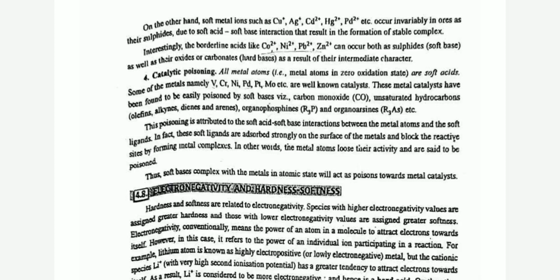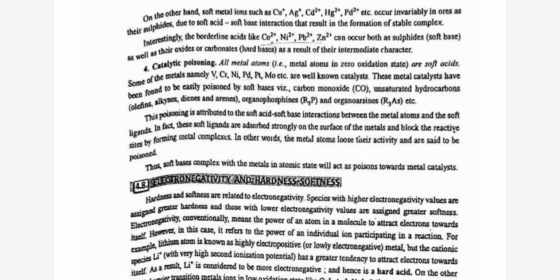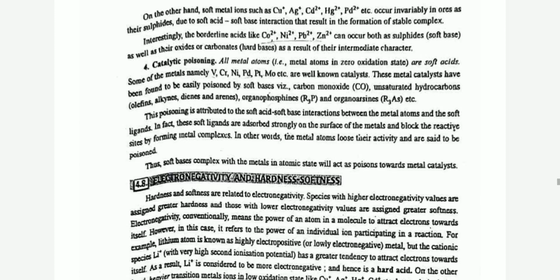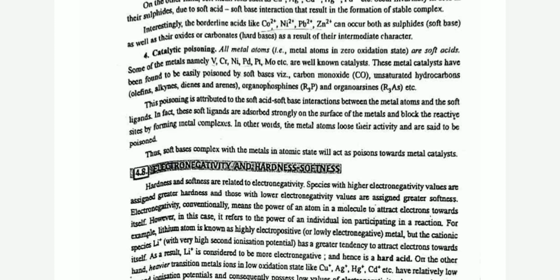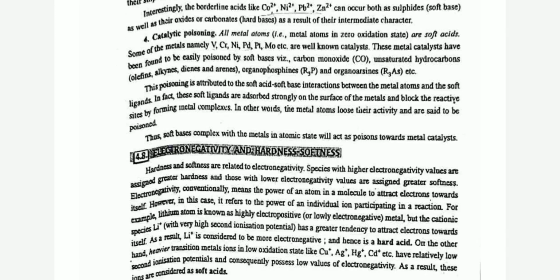Interestingly, the borderline acids like Co2 positive, Ni2 positive, Pb2 positive, Zn2 positive can occur both as sulfides, soft base, as well as their oxides or carbonates, hard bases, as a result of their intermediate character. 4. Catalytic poisoning. All metal atoms, that is, metal atoms in zero oxidation state, are soft acids.